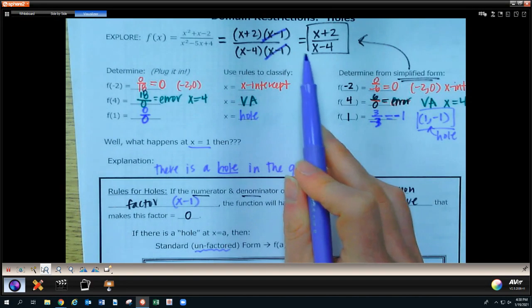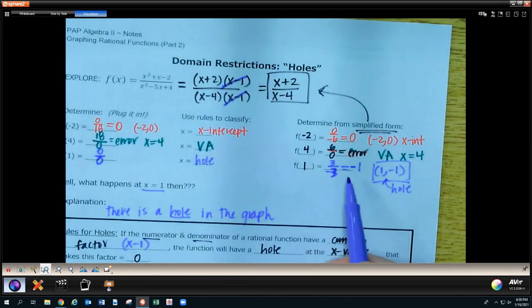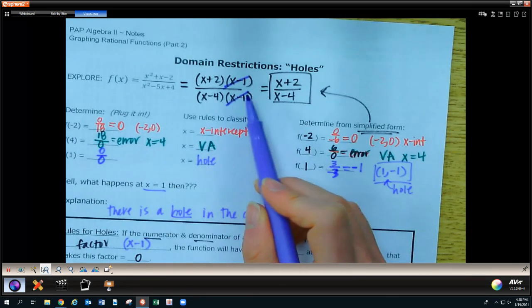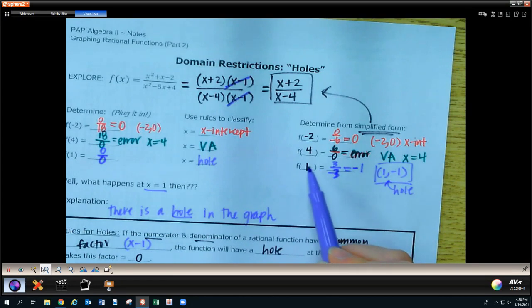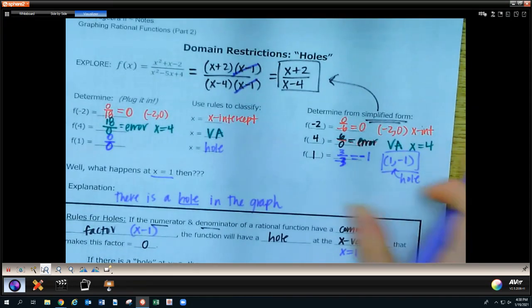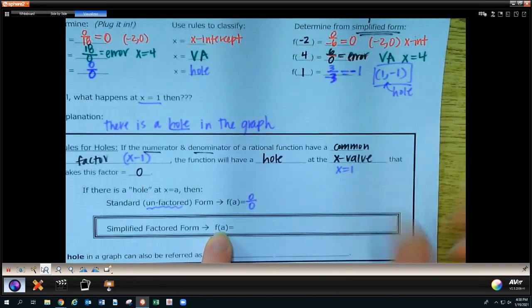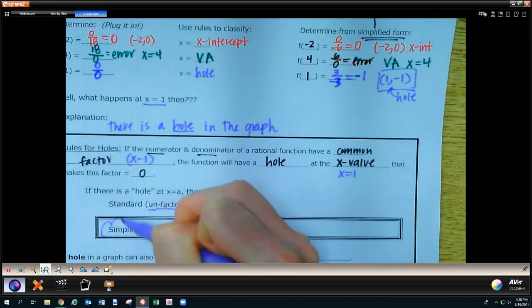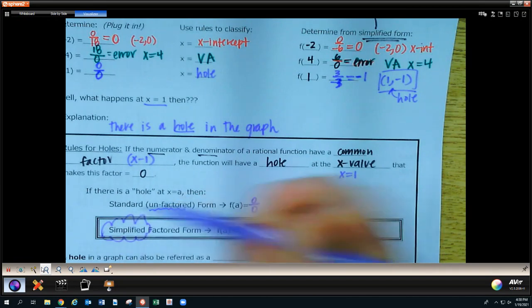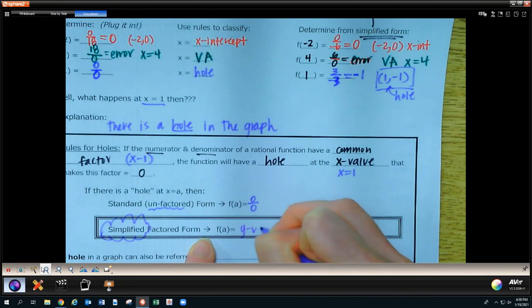But once you simplify it and plug it back in, you're not going to get zeros anymore because you canceled that factor off. Plugging in 1 gave us the y value of the hole. Okay, so f of a in the simplified form will give you the y value of the hole.